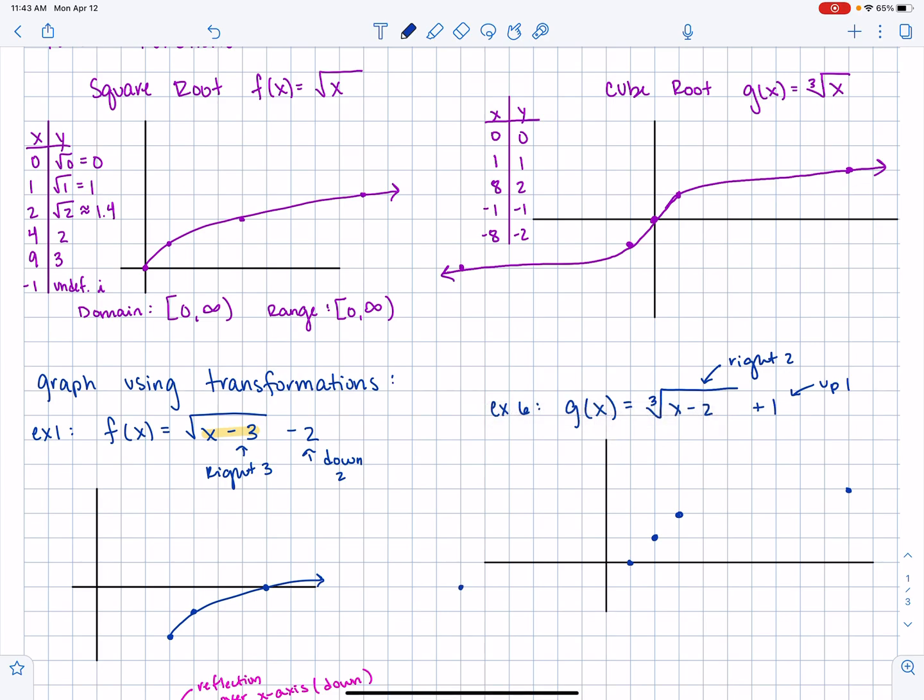As always, a good idea to go ahead and plug in some values, and you just draw it making these curves. Oops, wrong way with that curve. There we go. Makes it kind of an S shape.